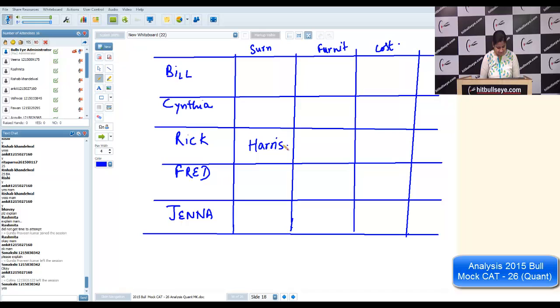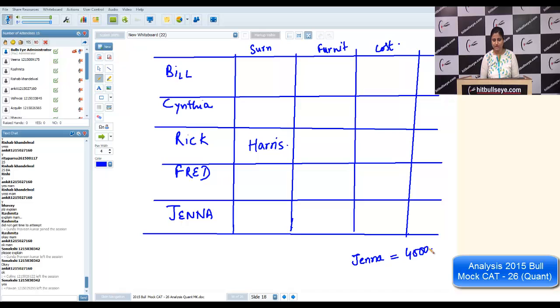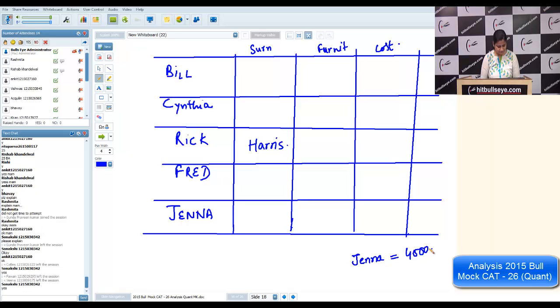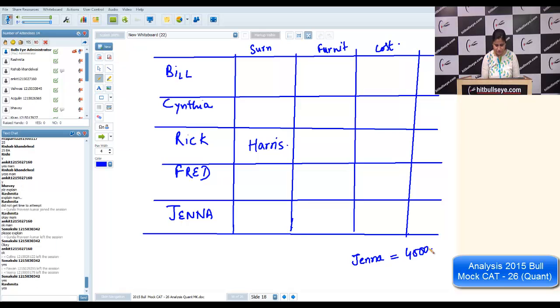So if I consider Rick is Harris, then Jenna must have sold a 4000 worth furniture piece. Is it okay, Sonakshi? It means two items we have considered. The costs are 2000 and 4000.